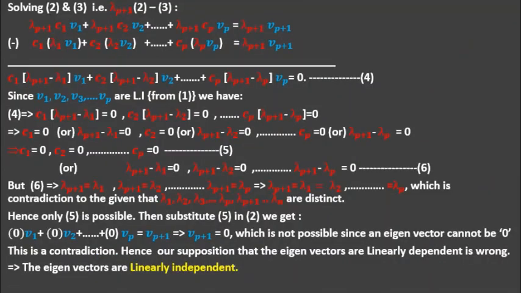Now solving equations 2 and 3, we multiply equation 2 with lambda p plus 1 and then subtract 3 from it. So I am writing here the equation, this is equation 2, and this is equation 3, the second one.